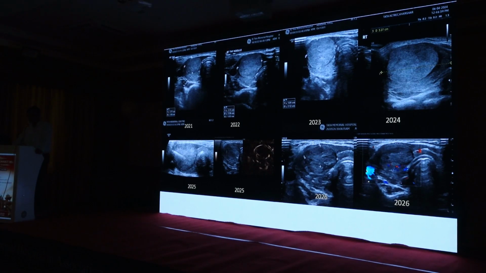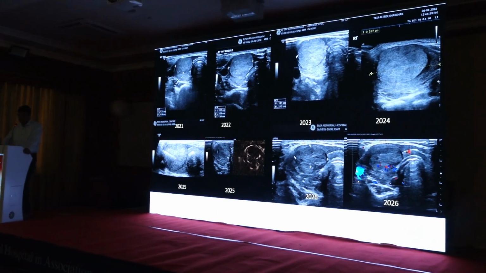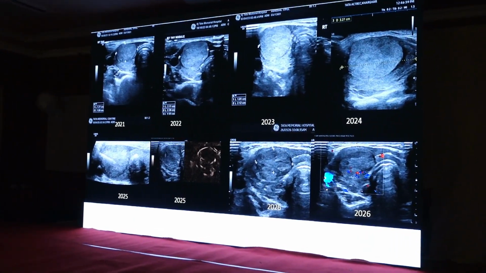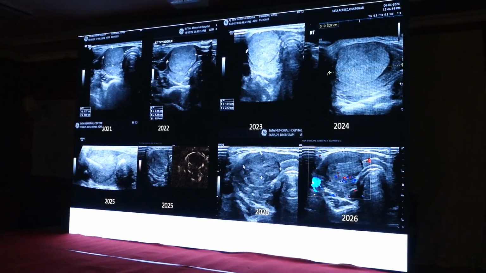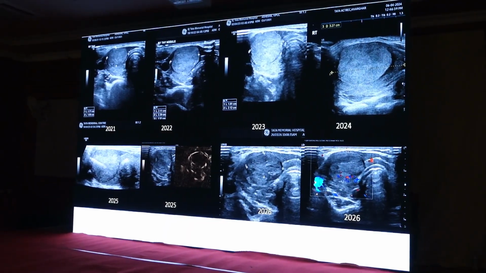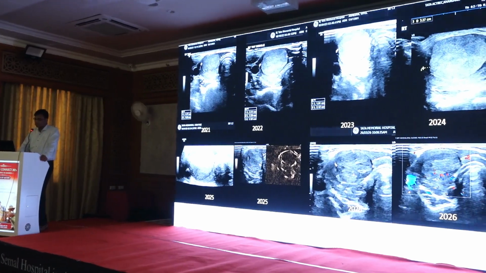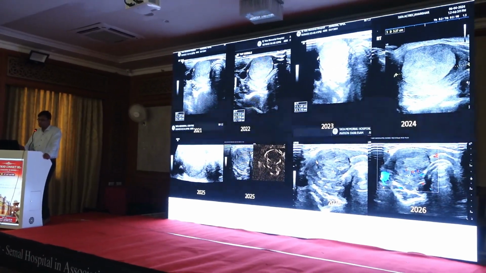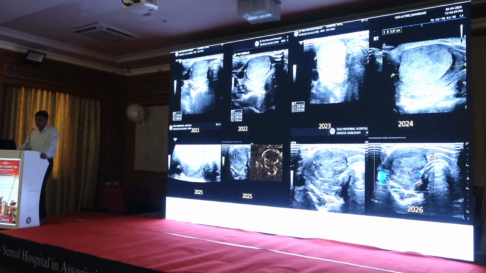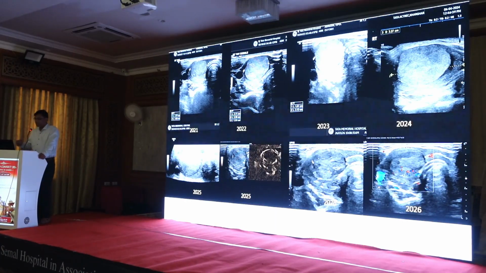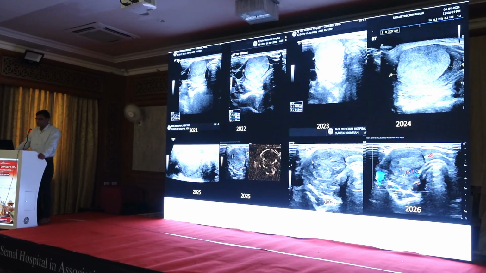And we can see in this particular patient, it was diagnosed as a thyroid nodule in 2021 and followed serially till 2025. When we measure these things, the ultrasound measurements are going to be different because it is operator dependent. Somebody measures in some oblique plane, somebody in longitudinal, somebody in the cross-sectional plane, but the nodule architecture remains unchanged.